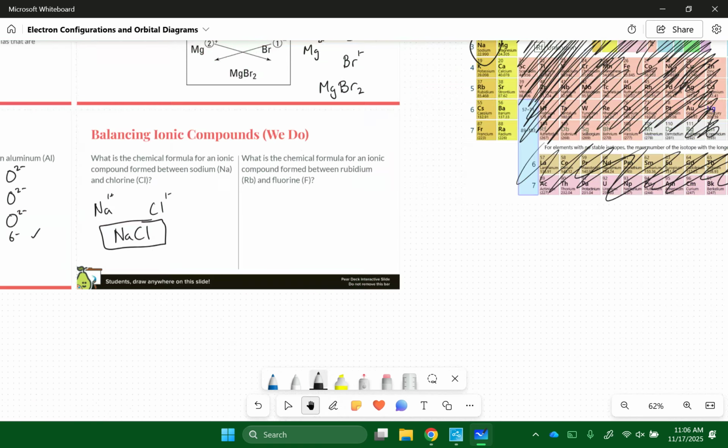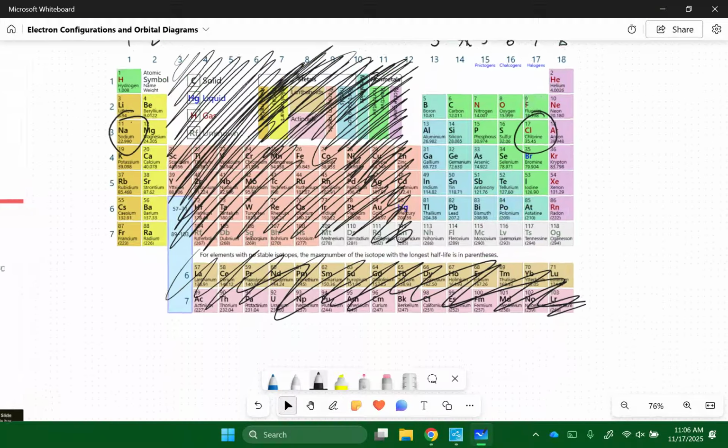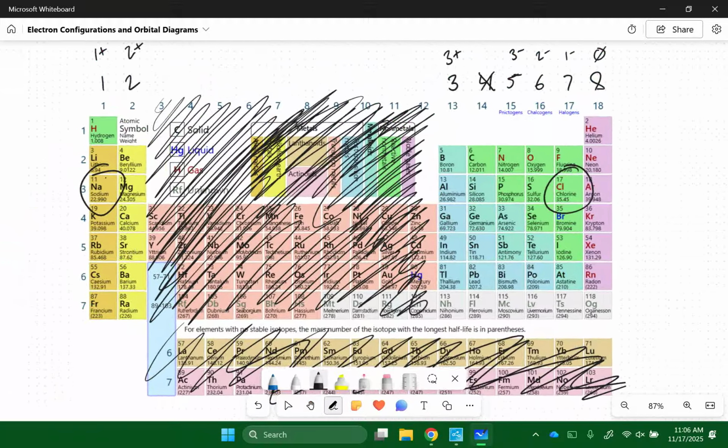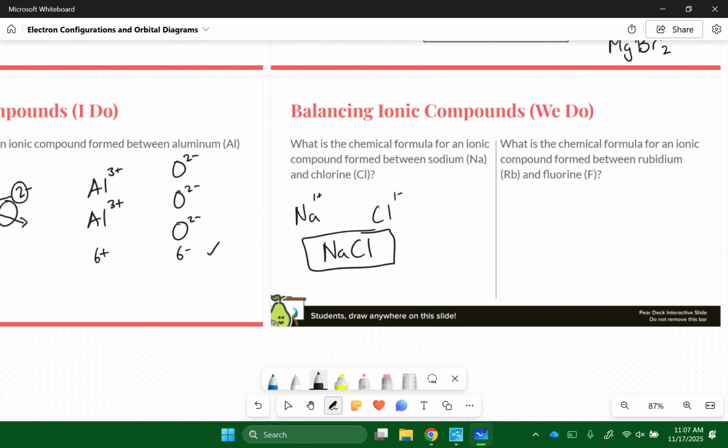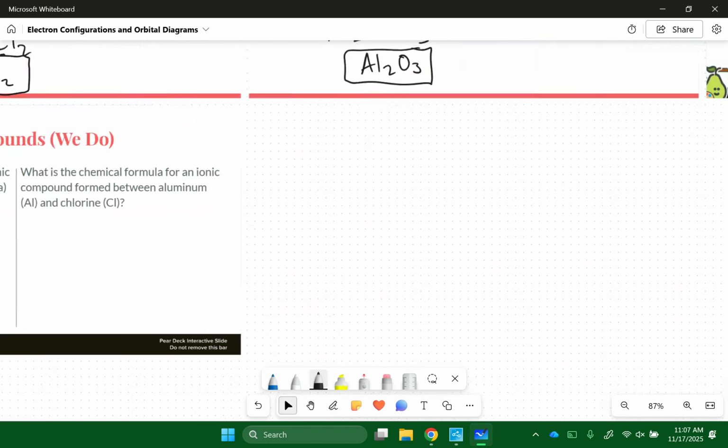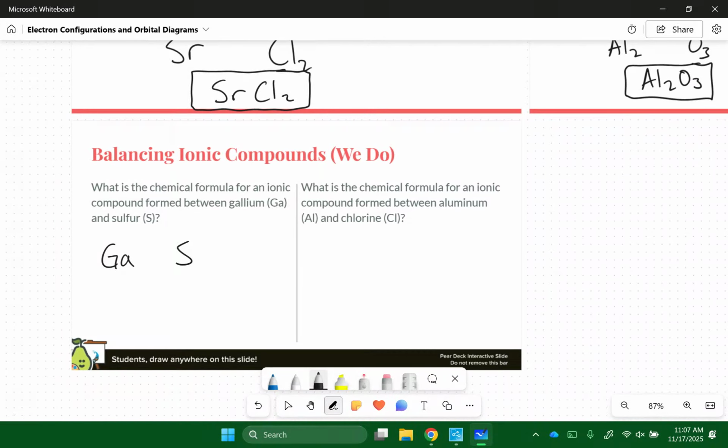So I'm going to go to my periodic table. Clean up from the last one. Okay, I have gallium and sulfur. So gallium's got a +3 charge. Sulfur has a -2 charge. Gallium 3 plus, sulfur 2 minus.